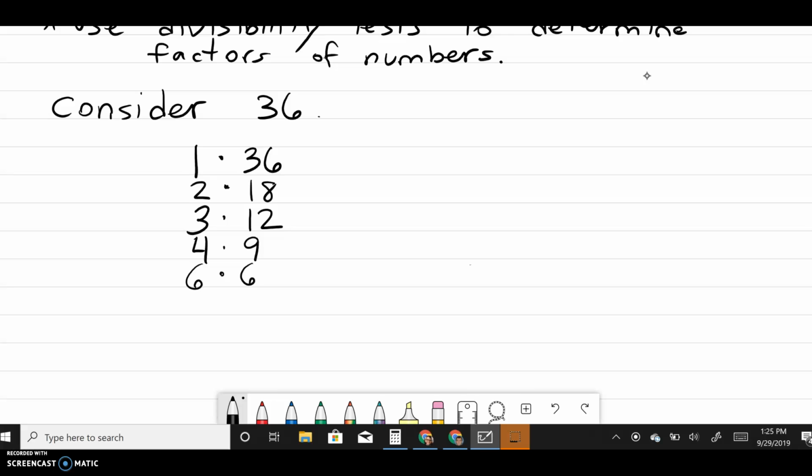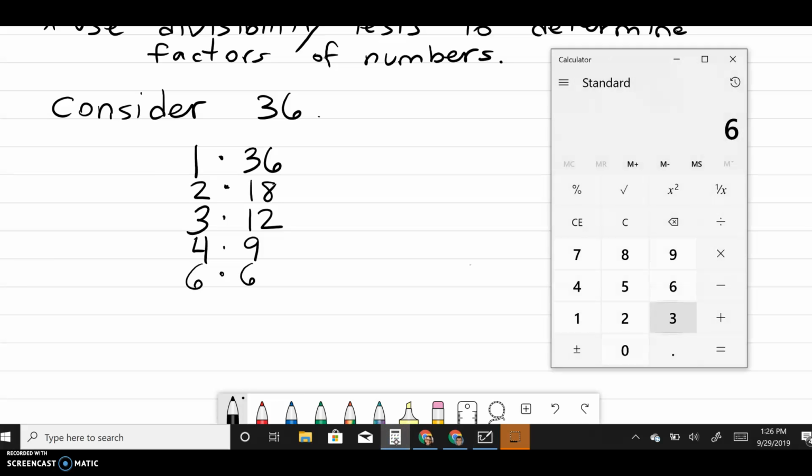Then you would check other numbers like 7, 8, just to see. So again, I would do 36 divided by 7. That gives me a decimal, so that means it's not a factor. And I could do 36 divided by 8. Also gives me a decimal, so that's not a factor. You could also check 10. Remember, the number has to end in 0 to be divisible by 10. So in this case, that is not a factor as well.